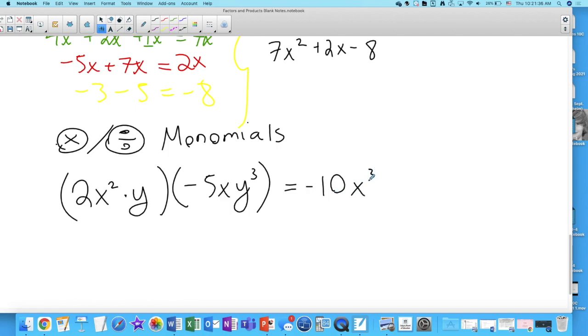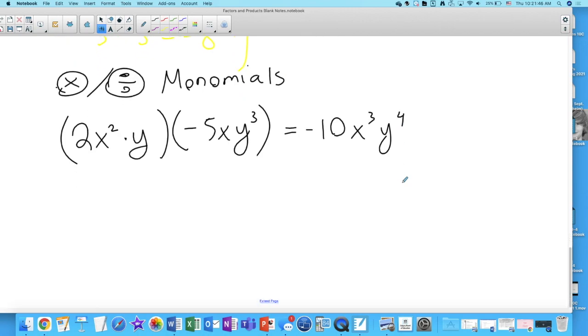Okay. When I'm dividing, let's say I have 10a to the 4b cubed over 4a cubed b. How would you do that? Which, in terms of our last unit, yeah? Divide 10 by 4.